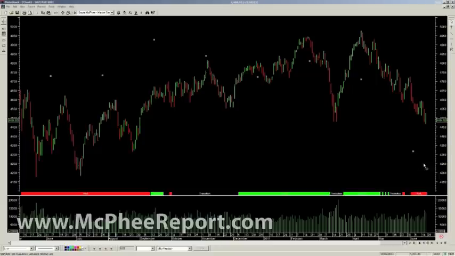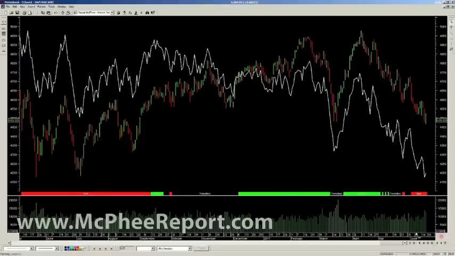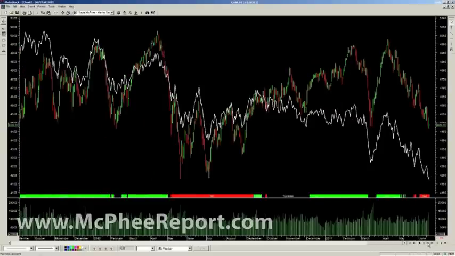I've just got somewhere on my chart here the advanced decline line, which I'm just going to make white so we can see it. The significant thing about this is, whilst the market throughout the last 9 months or so has made higher peaks, the advanced decline line hasn't done that.